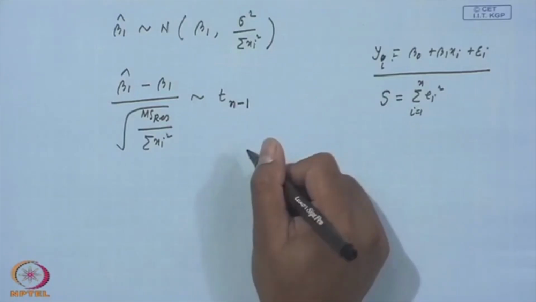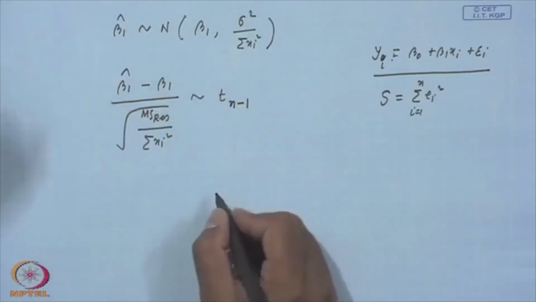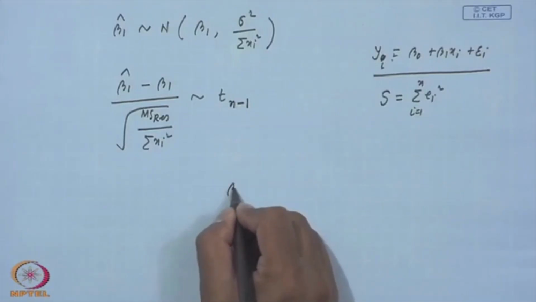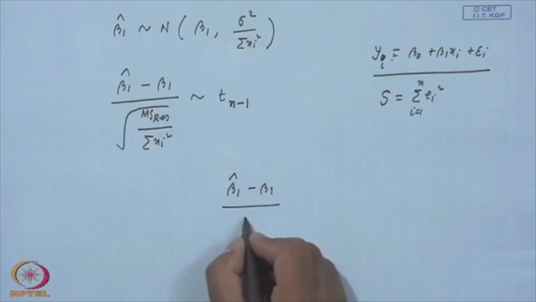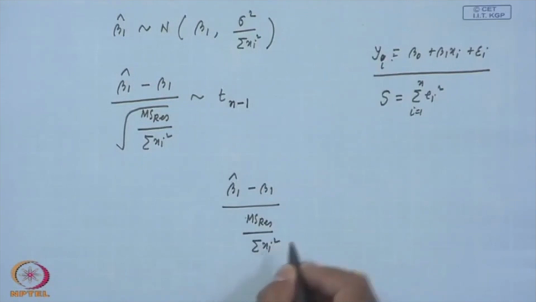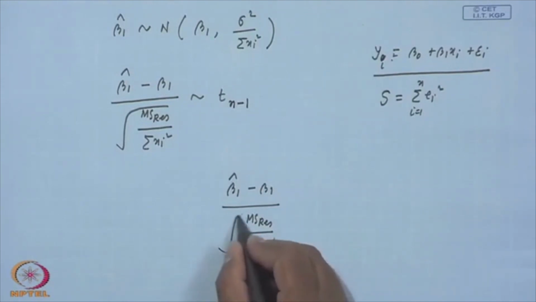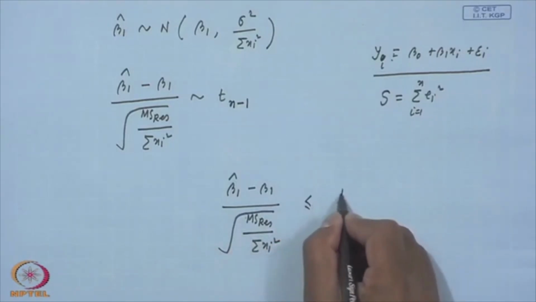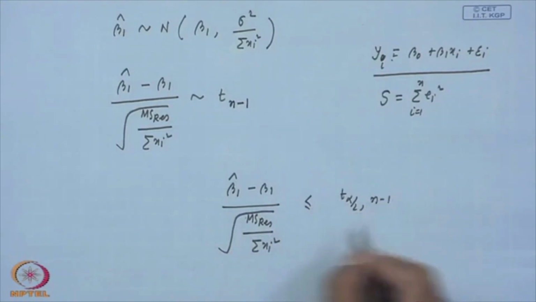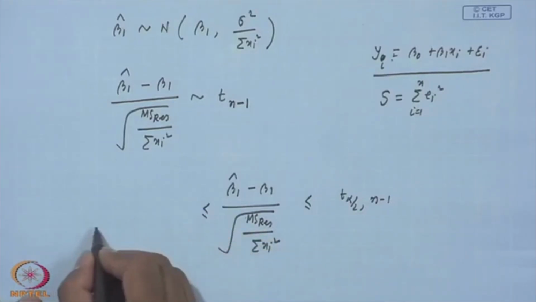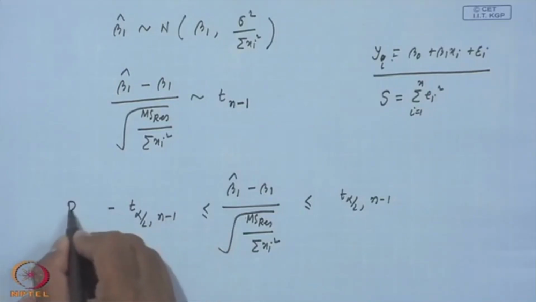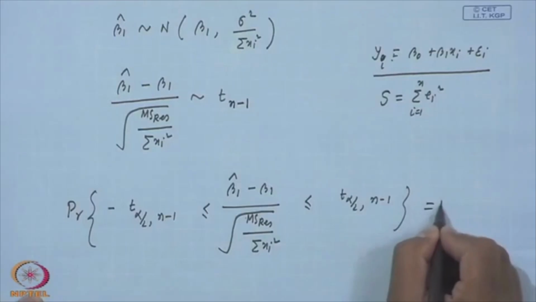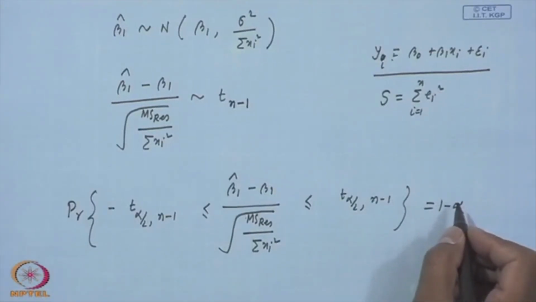So, this is one point, right, and from here you can check that we can write that beta 1 hat minus beta 1 by M S residual by summation x I square, this less than or equal to T alpha by 2 n minus 1, minus this has probability 1 minus alpha. Okay.